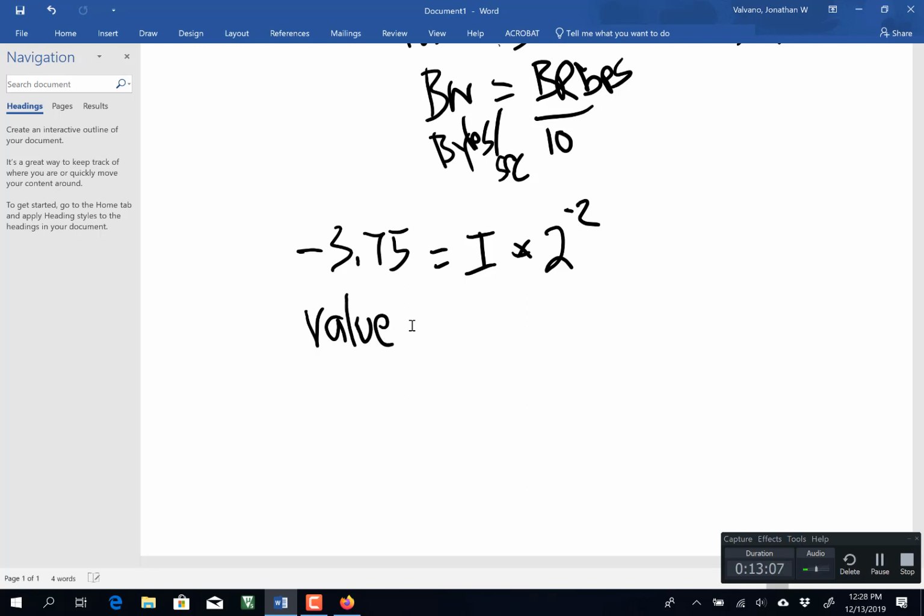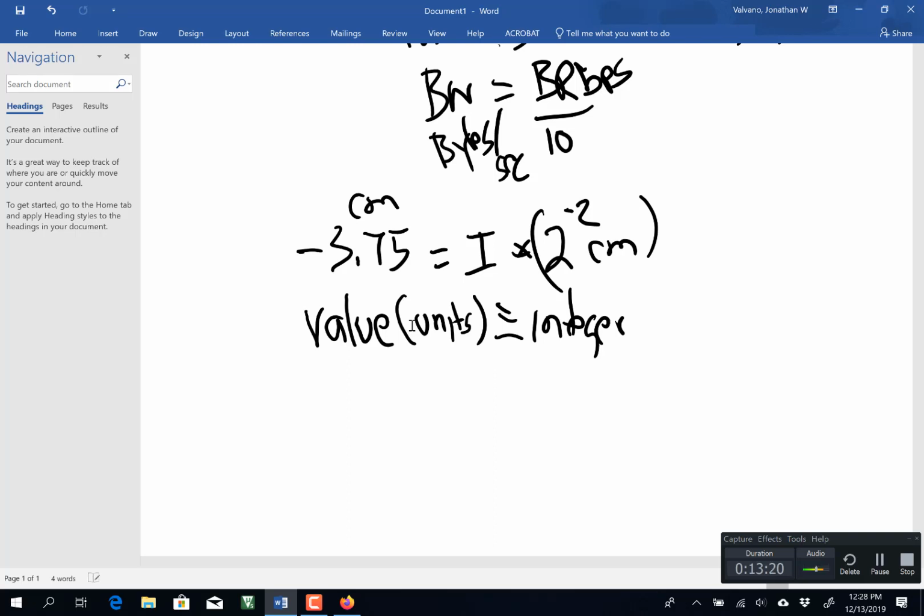The value, which has units, by the way, in centimeters, is defined to be some integer, which is the variable part, times a constant.